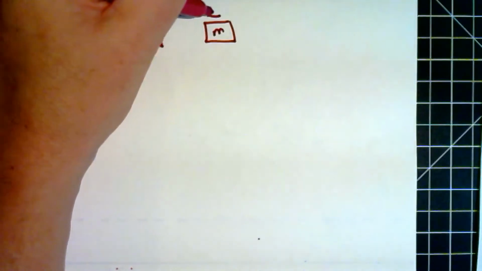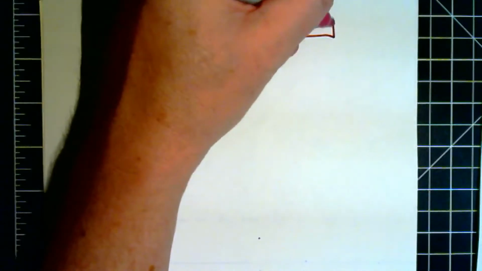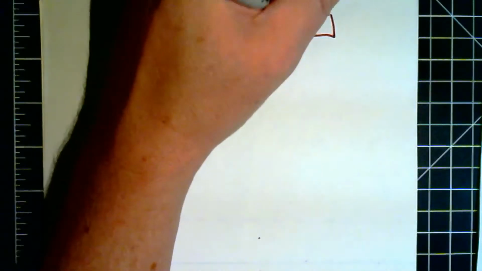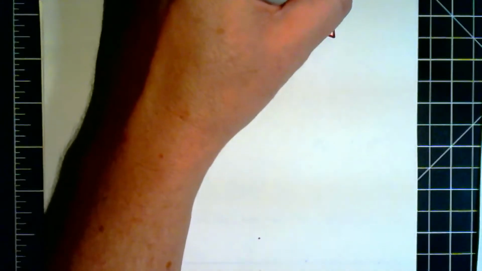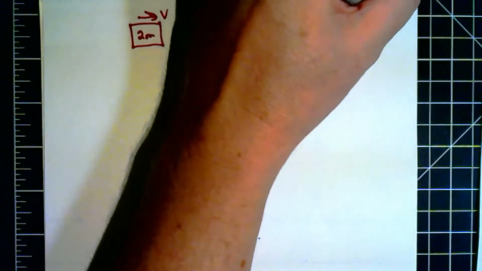If I've got 2m traveling to the right at a velocity of v, and I've got another m traveling to the left at a velocity of v, that's our initial situation. Afterwards, the two carts are traveling together at some total velocity. I'll just call that v final.